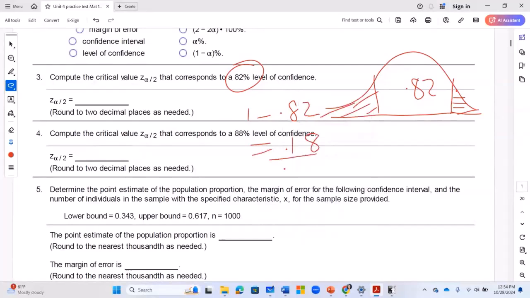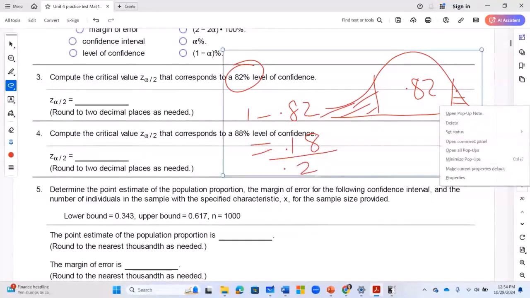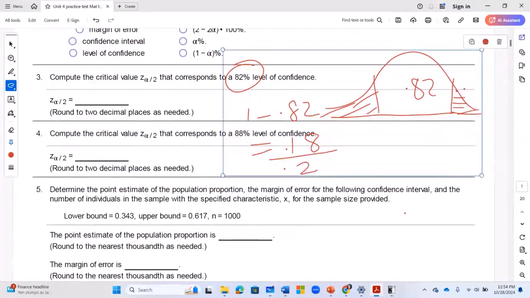But there are 2 tails. So if I divide 0.18 by 2, I have 0.09. Therefore, the area in each tail is 0.09, right here and right here. That is why they're asking me to find Z alpha over 2.